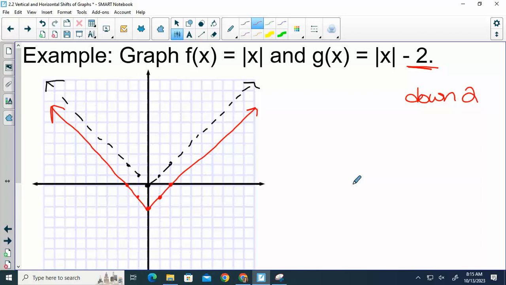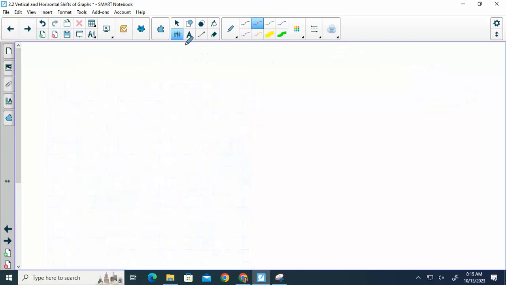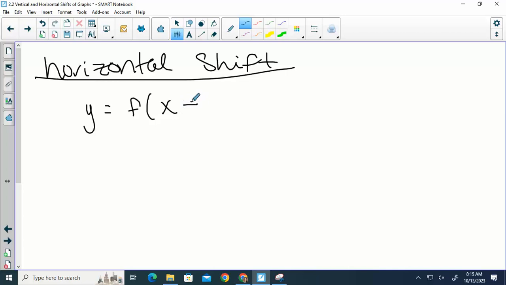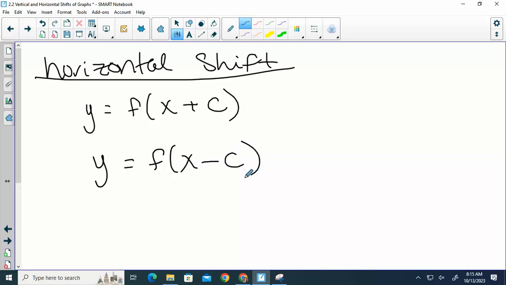Let's talk about a horizontal translation. So horizontal, we know it's affecting x because it will be inside the function. It is attached to the x itself. So outside is y and it does what it says.